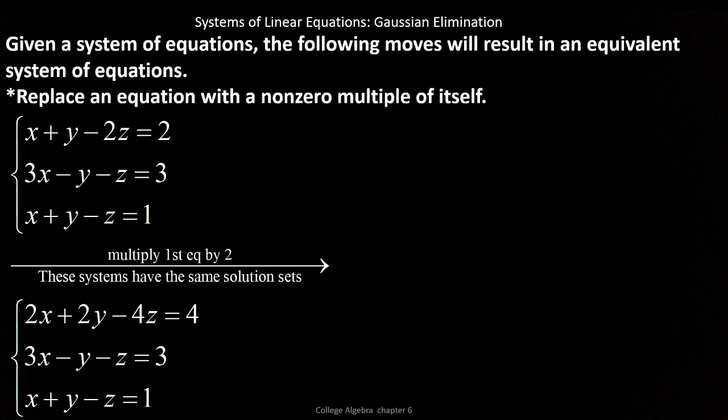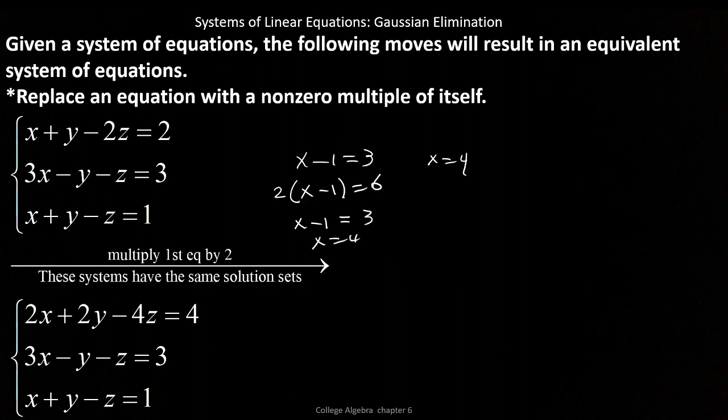No. Suppose we have x minus 1 equals 3. What's the solution for this equation? Well, the solution is 4, right? Now, what if I multiply both sides by 2? Does that change the solution? No. Because if you try to solve for x, you isolate x minus 1 equals 6 over 2, which is 3.